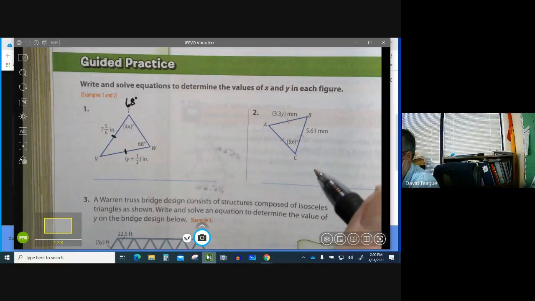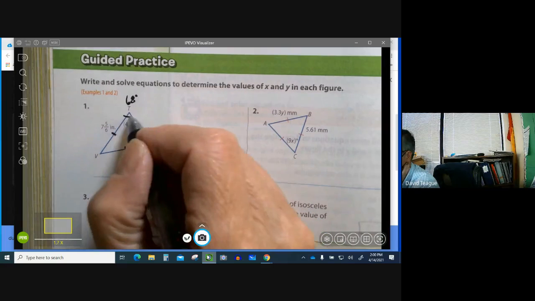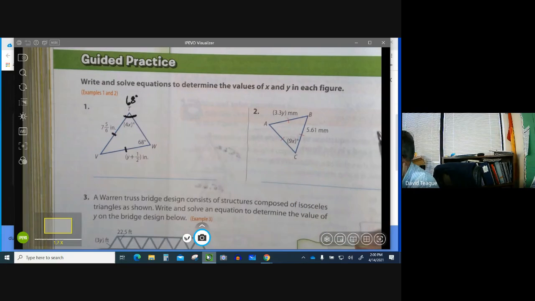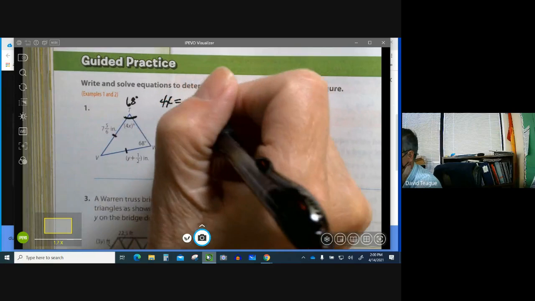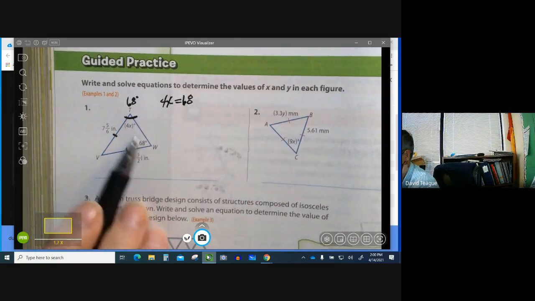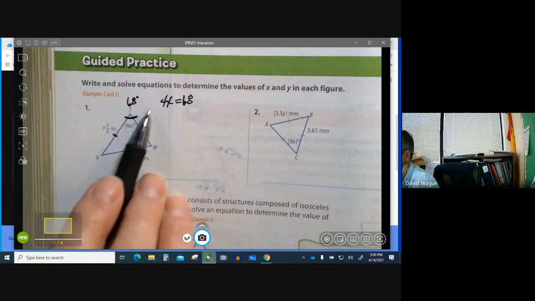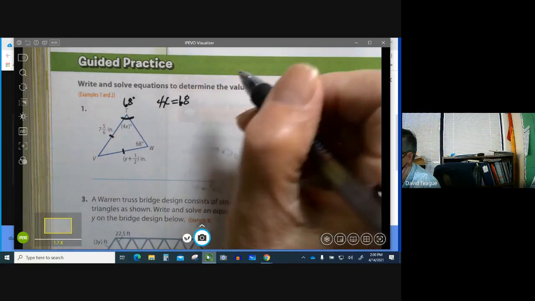So what's our formula to find x? How could I write an equation to find x? It's for this angle right here. Well, it would be 4x is equal to 68, right? Because we know it has a value of 68. So I can just do that and solve for x. What about y?